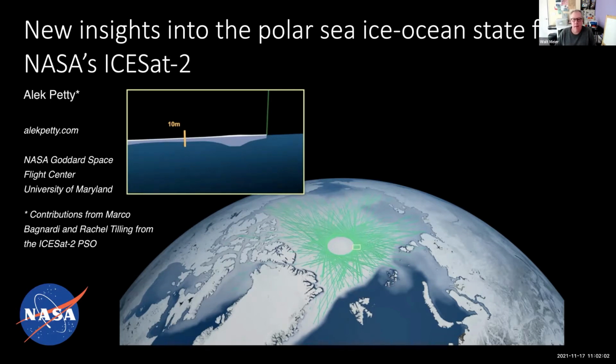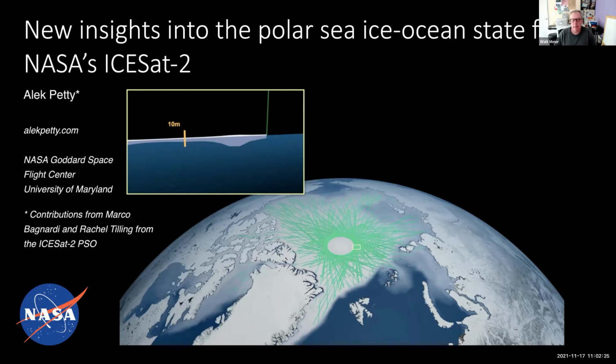Today we have Alek Petty, who is an associate research scientist at NASA Goddard and the University of Maryland. He specializes in polar sea ice variability and has been working a lot with ICESat-2 and IceBridge, and on the science teams for those.